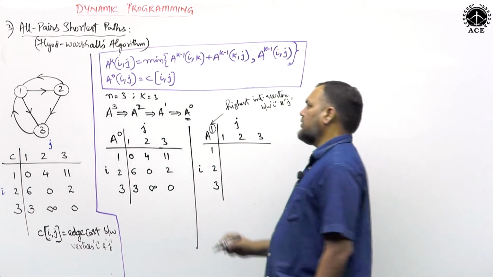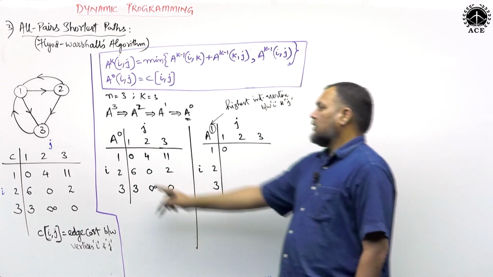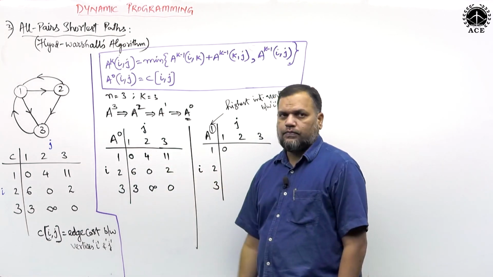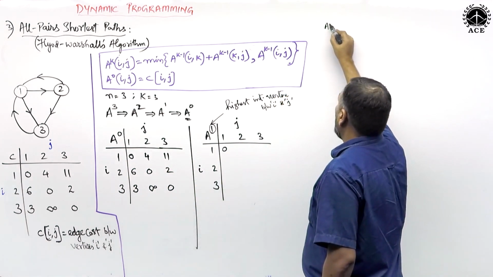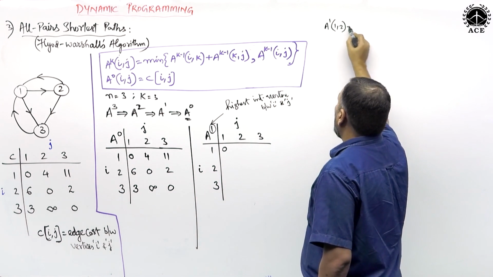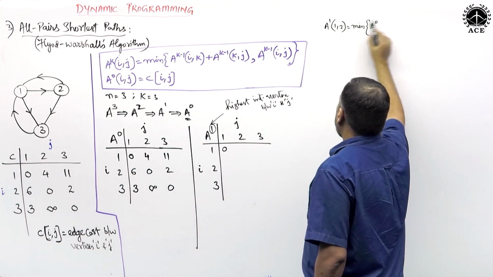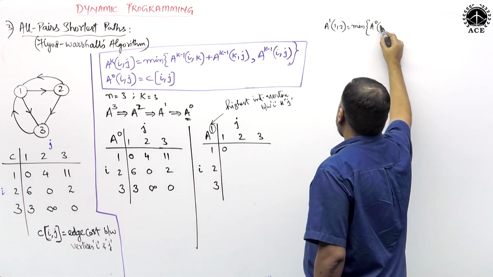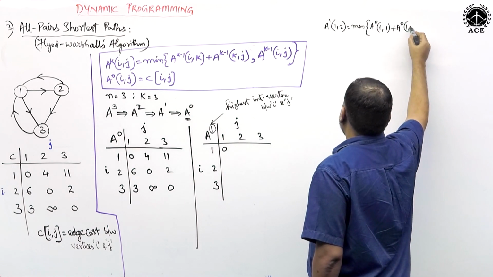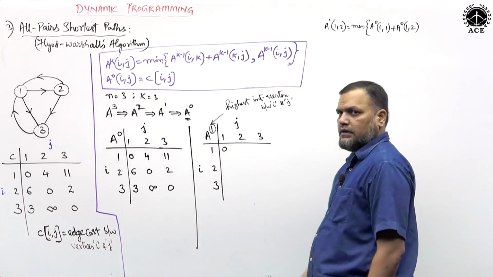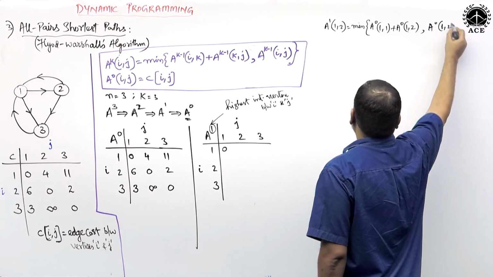1 to 1 there is no meaning in finding the shortest path, I put 0. 1 to 2, please observe, the direct edge is 4. Now, 1 to 2, first I will show it to you by means of the formula. So, A 1 of 1 2, if I go by the formula, what does that mean? Minimum of A power k minus 1, that is A 0 of i comma k, 1 comma 1, plus A power k minus 1 of k comma j, k is 1, j is 2, correct, or A power k minus 1 of i j, 1 2.